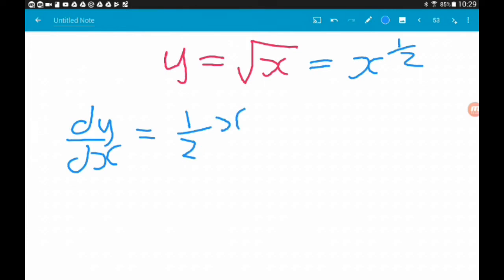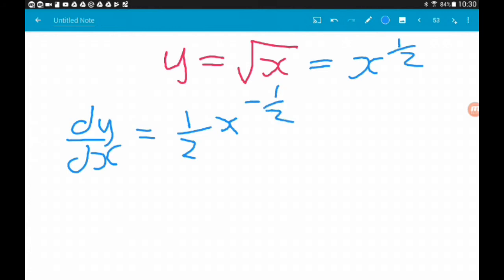Now 1/2 is reduced by 1 whole. So 1/2 minus 1 is minus 1/2. So we've got 1/2 x to the minus 1/2.